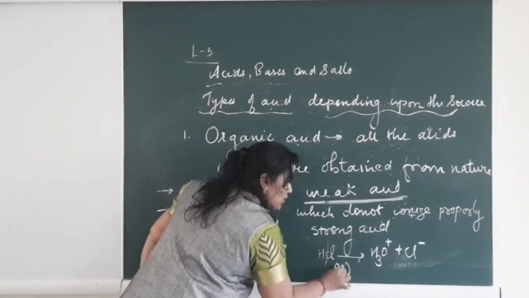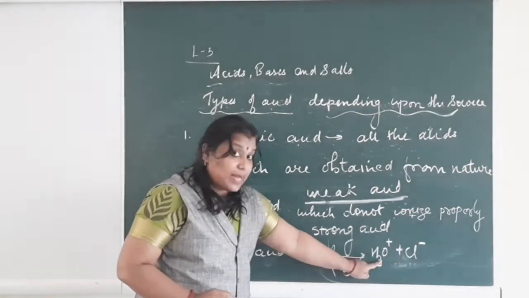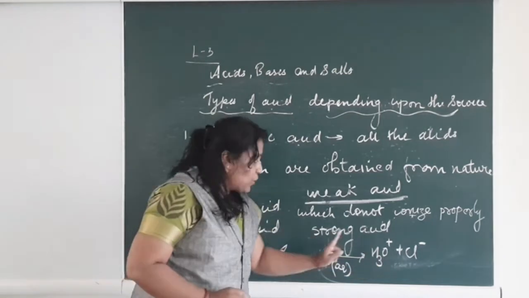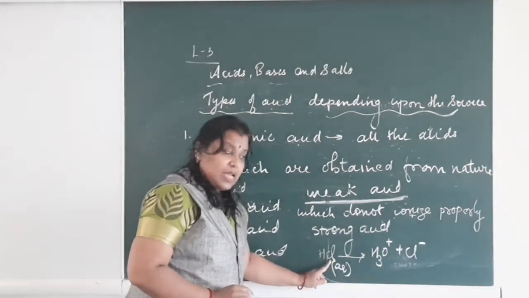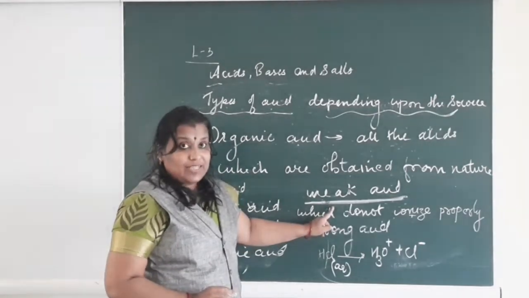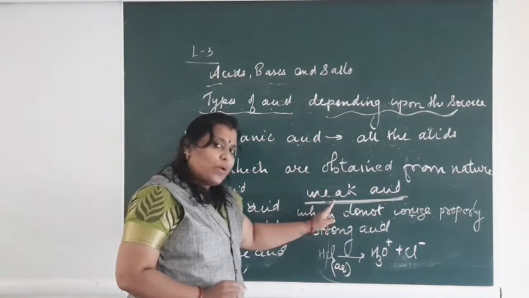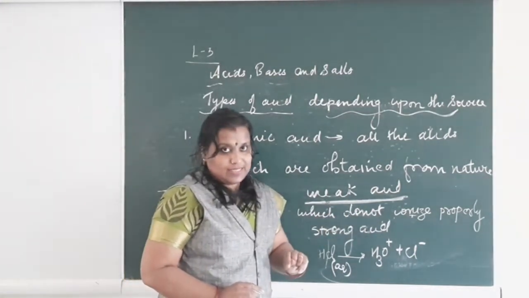The concentration of hydronium ions is more because it has completely ionized. But in case of weak acids, their ionization is very weak, and they produce very less amount of hydronium ions.